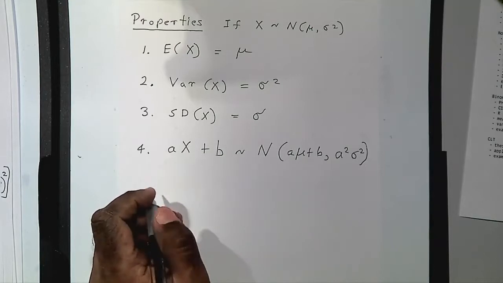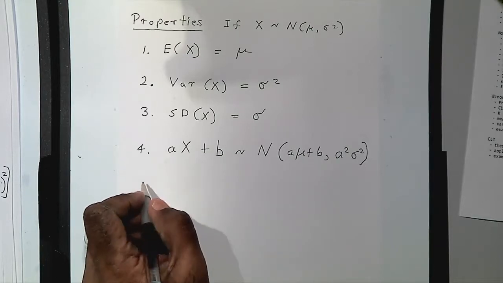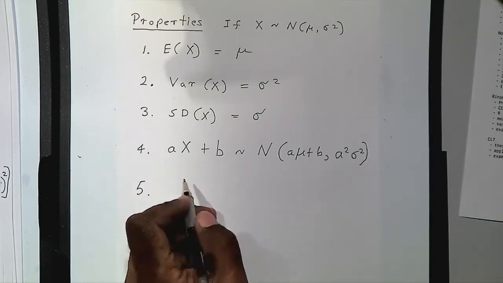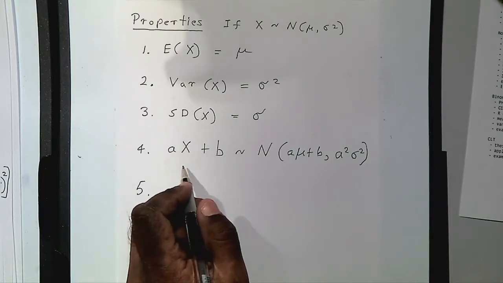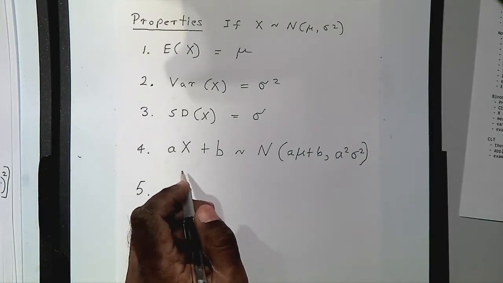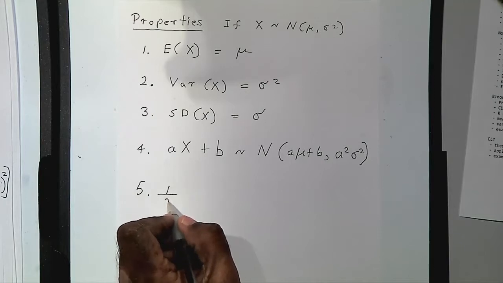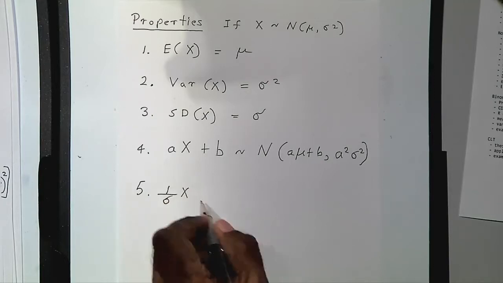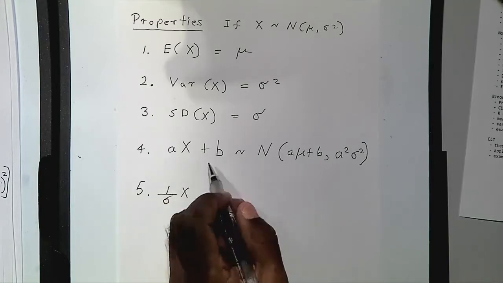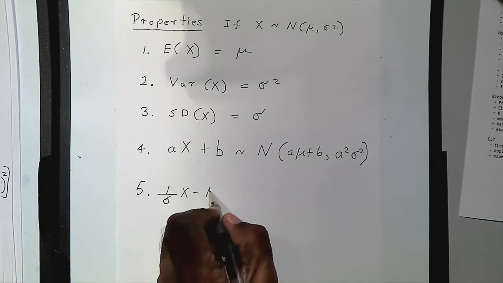So in particular, you should take A to be 1 over sigma, and you should take B to be minus mu over sigma.